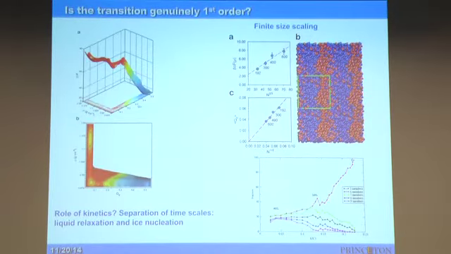Now, in order to study this in more detail, what we did was to do some limited finite size scaling, and we could do that for a certain range of sizes, not too large, because of computational limits.